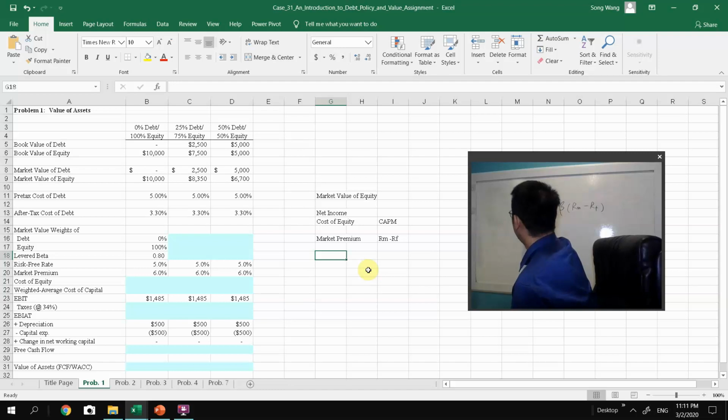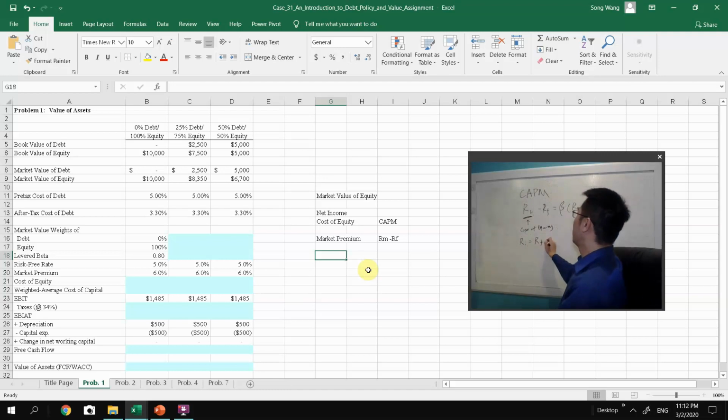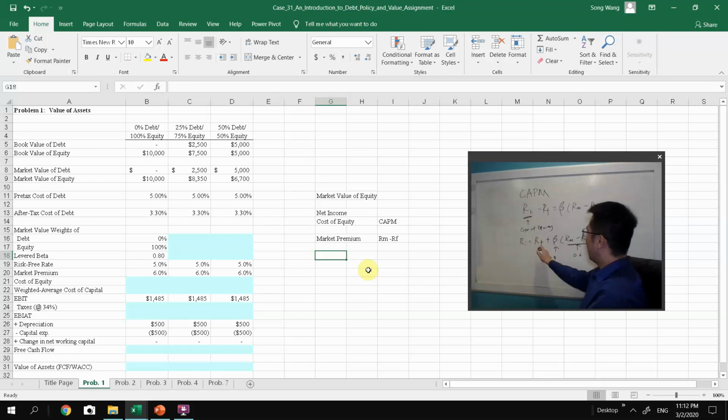So this is your cost of equity, and R_i equals R_f plus beta times (R_M minus R_f). We have the beta given here as 0.8, the market premium given as 0.06, sorry, not 0.6, it's 6%, and the risk-free rate given as 5%.